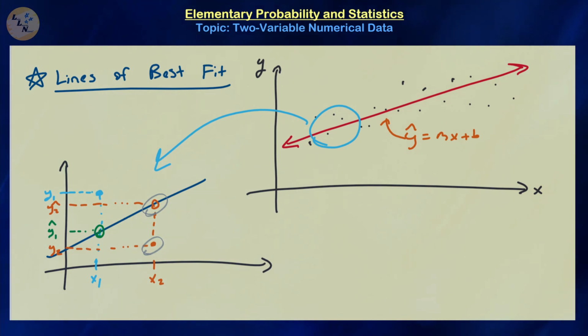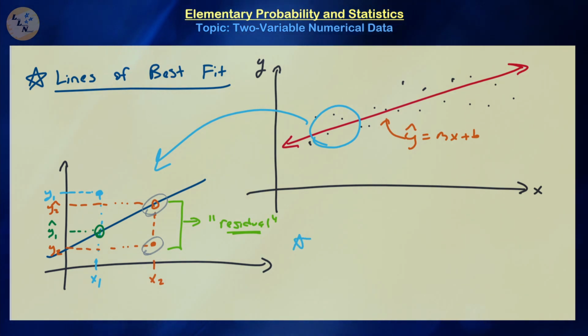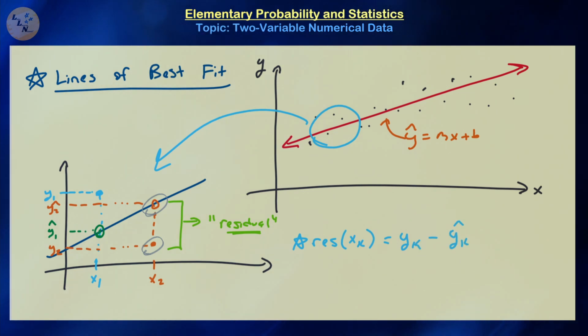So the difference between the two is going to be known as a residual for a particular value of x. So in terms of a definition, the residual for a particular value, xk, is going to be equal to the obtained value minus the predicted value.